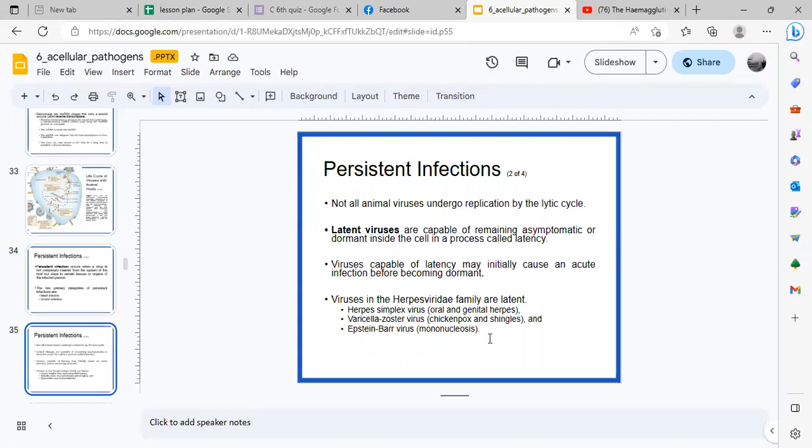No, hindi naman siya fatal, no. So it just cause production ng maraming white blood cells. Okay, so hindi naman fatal. So, related siya dun sa herpes virus.